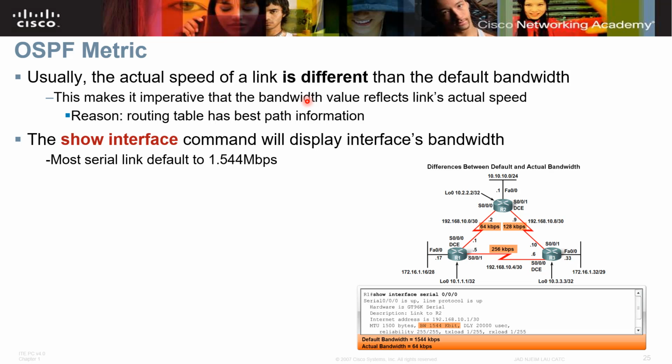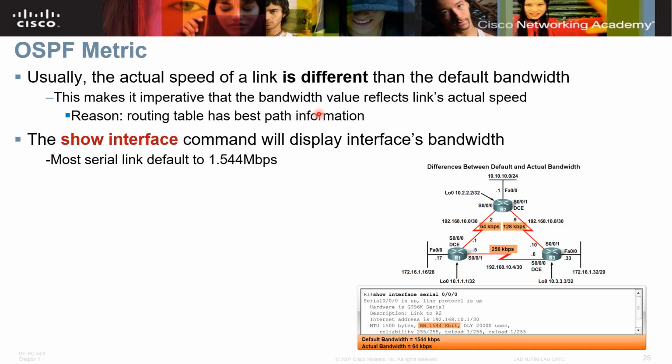For this algorithm to work well, the bandwidth should be a function of, or should reflect, the actual speed of the link. Because if this link has high bandwidth but very low speed, this algorithm will select this link based on the bandwidth only. I don't care about the reliability or load or other parameters.